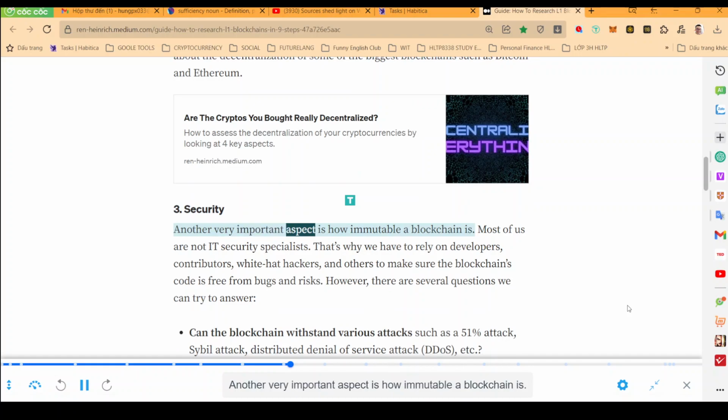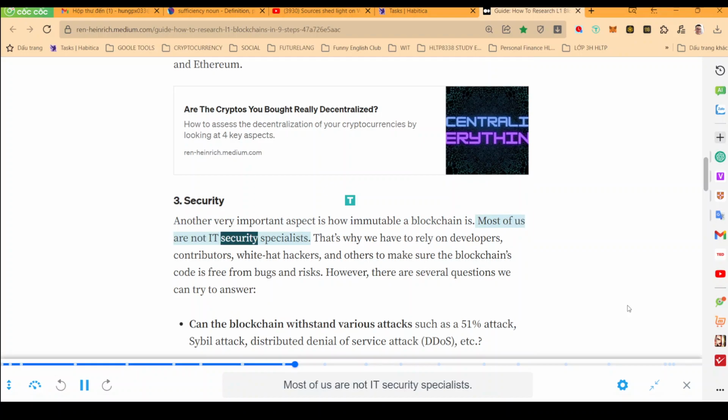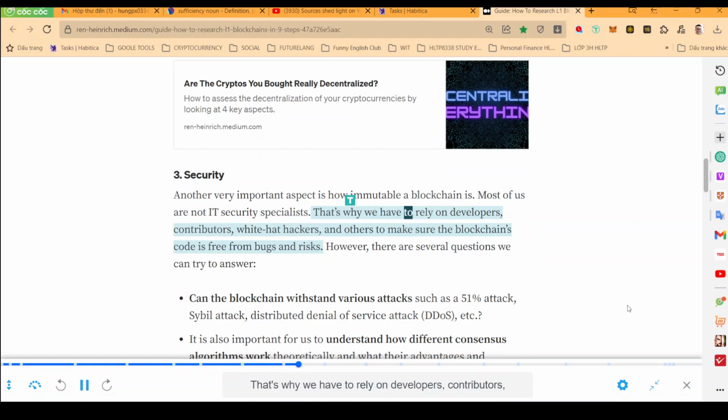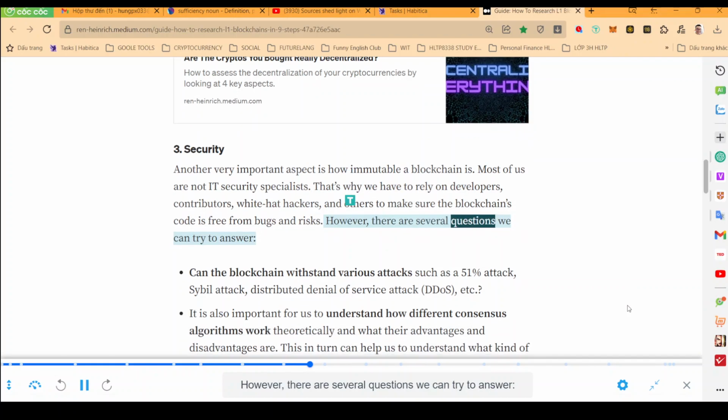Another very important aspect is how immutable a blockchain is. Most of us are not IT security specialists. That's why we have to rely on developers, contributors, white hat hackers and others to make sure the blockchain's code is free from bugs and risks. However, there are several questions we can try to answer.